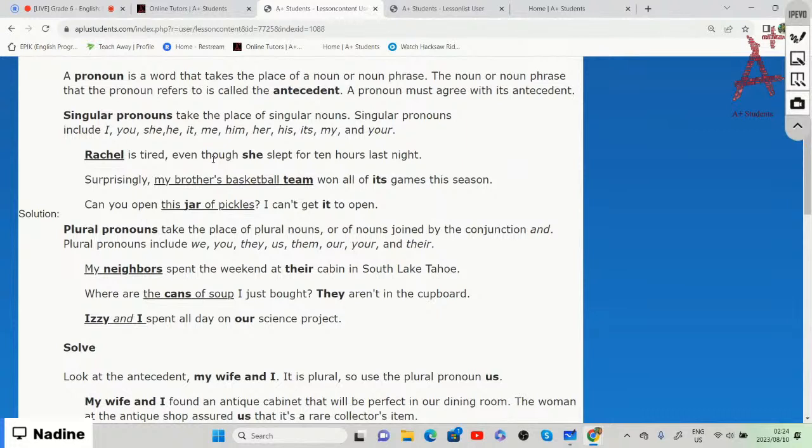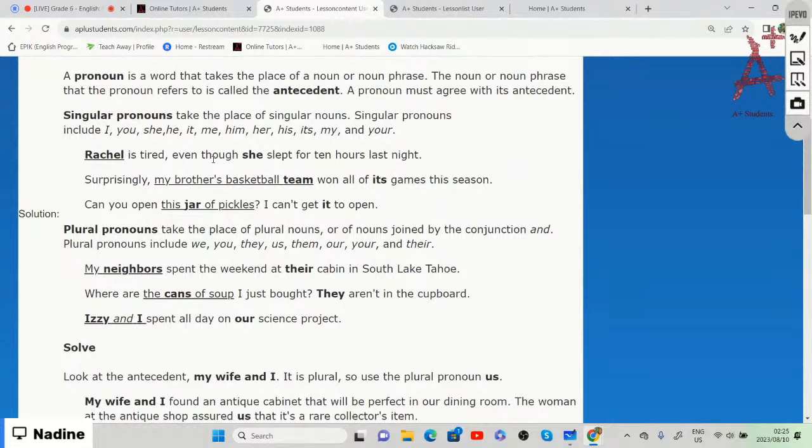We then have singular pronouns, right? Singular pronouns take the place of singular nouns. The singular pronouns include I, you, she, he, it, me, him, her, his, its, my, and your.